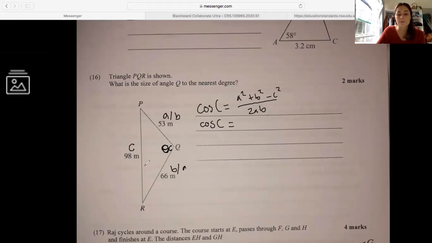So you can have 53 as A or 66, doesn't matter.